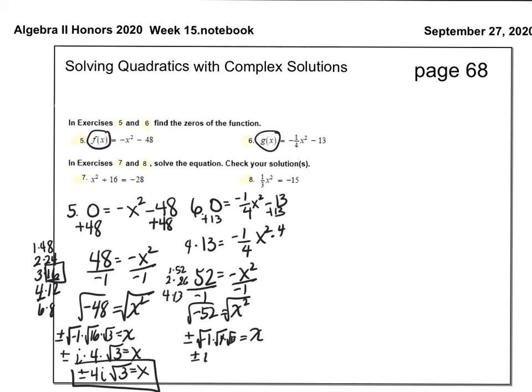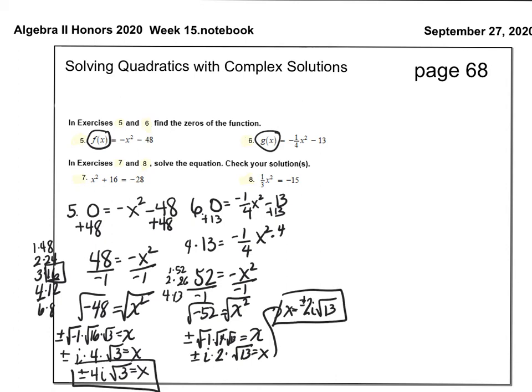The square root of negative 1 is i. The square root of 4 is 2 times the square root of 13. Then to finish, I'm going to have x equals plus or minus 2i square root of 13. That's the answer to number 6.